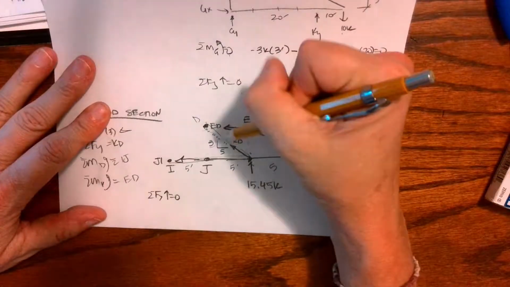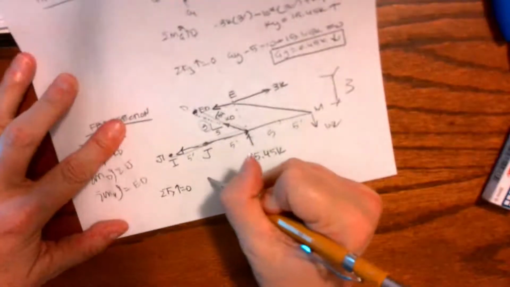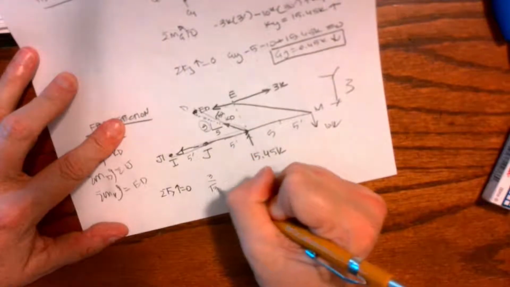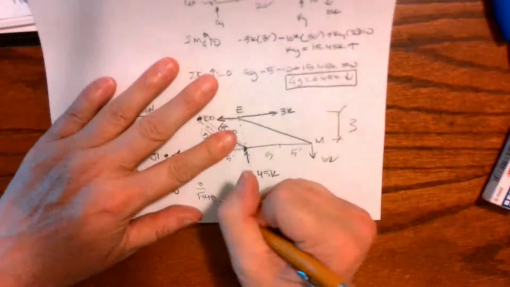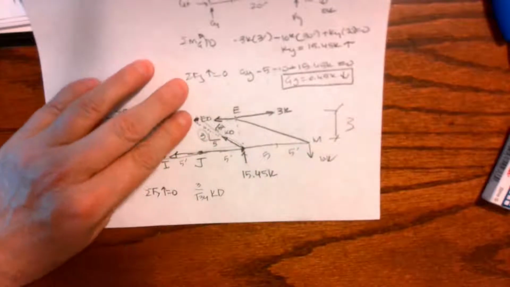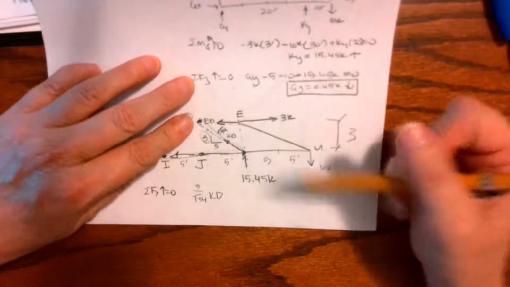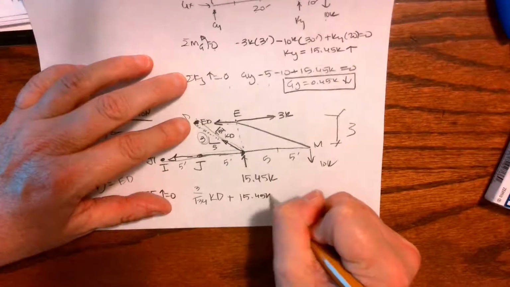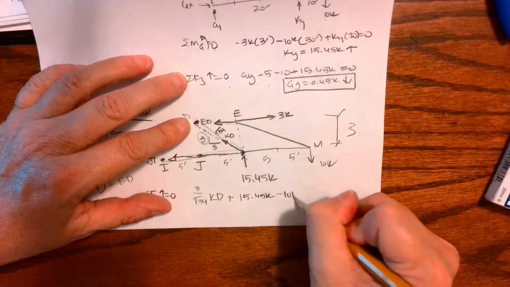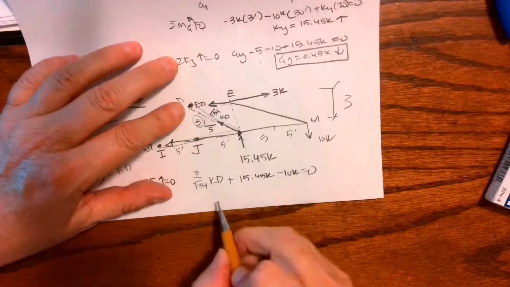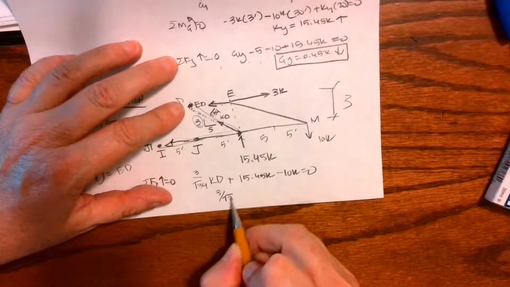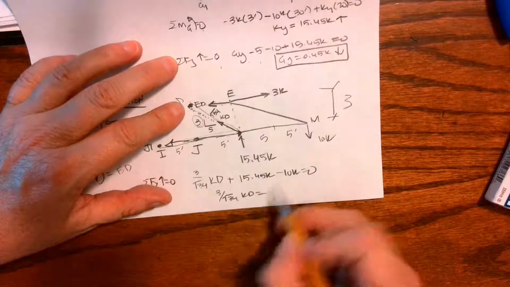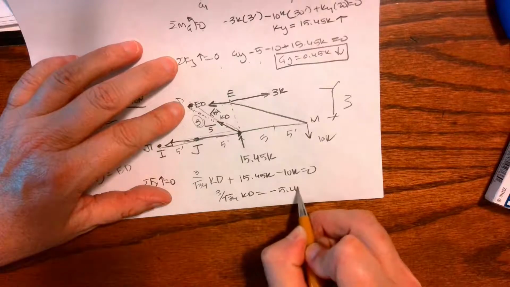If I sum forces in the y direction, up is positive. KD has a y component of 3 over root 34. So I have 3 over root 34 times KD. And then what else do I have in the y direction? Plus 15.45 kips, minus 10 kips equals 0. So 3 over root 34 KD equals negative 5.45.